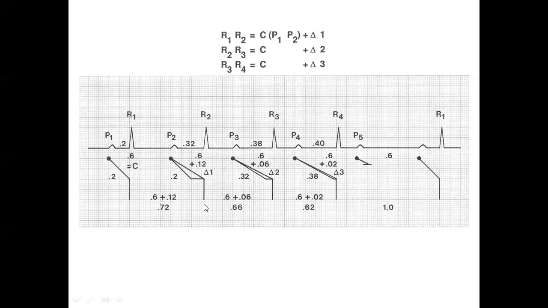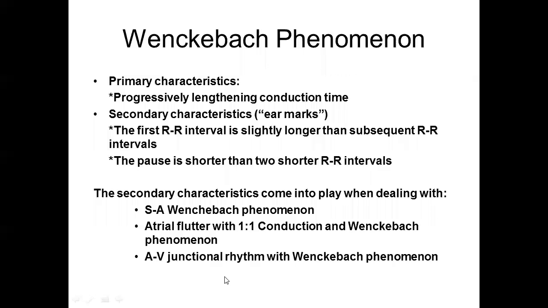I would call that the earmark of Wenckebach phenomenon. So secondary characteristics come into play when dealing with SA Wenckebach phenomenon, atrial flutter with one-to-one and Wenckebach, or AV junctional rhythm with the Wenckebach phenomenon.